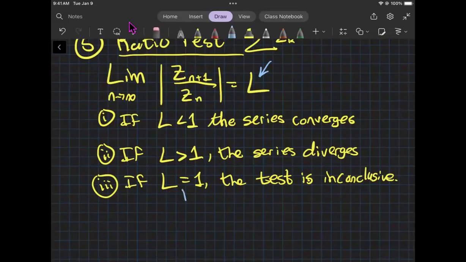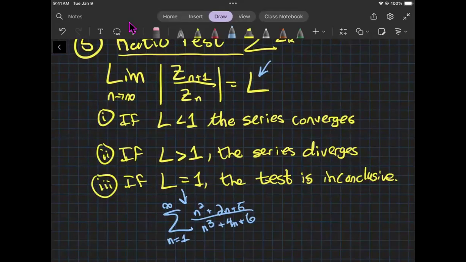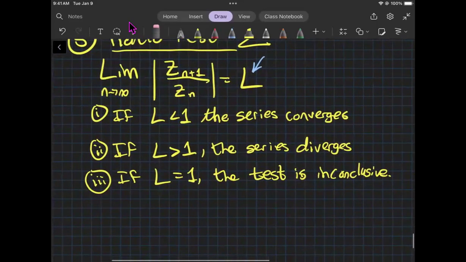So, like, if you were to do the ratio test, let's say n squared plus 2n plus 5 over n cubed plus 4n plus 6, let's say, in the real numbers. And if you do the ratio test, you'll get that this is equal to 1, right? That's why we say that test is inconclusive. So that third part only deals with rational functions in your series, okay?